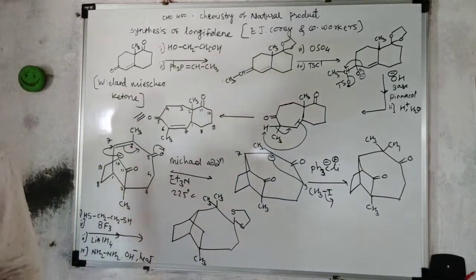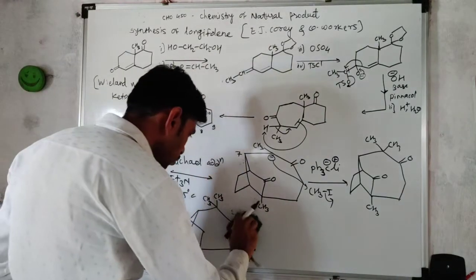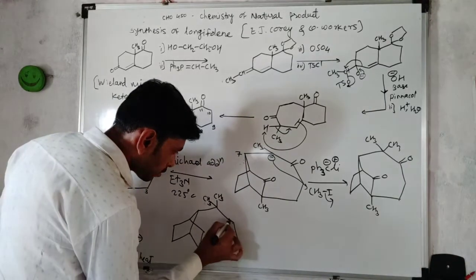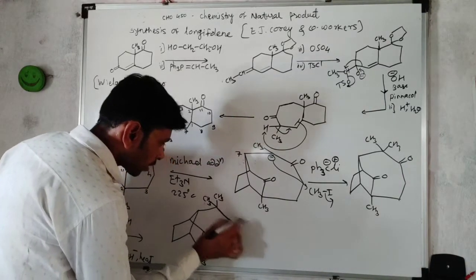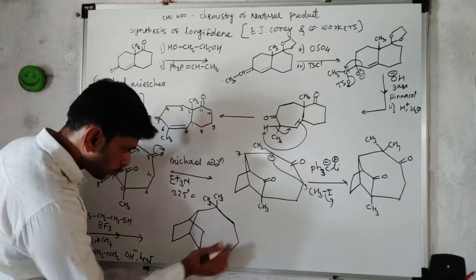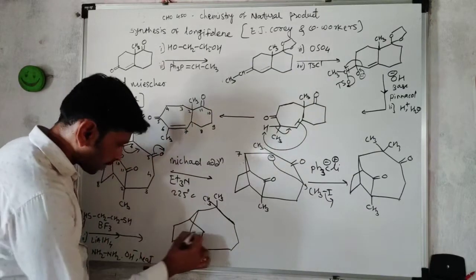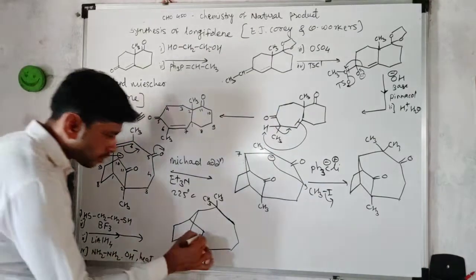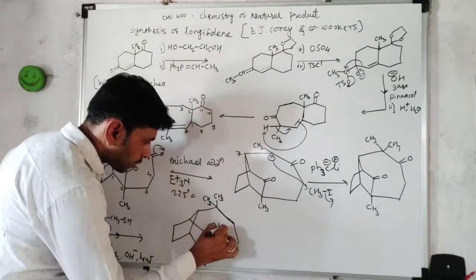So overall the product is a removal of the carbonyl group. So the carbonyl group gets removed from here, and another lithium aluminium hydride is used. So that lithium aluminium hydride converts this into an OH group.